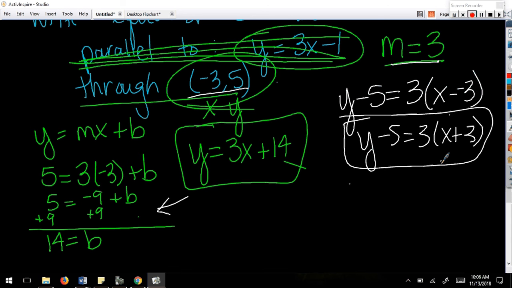Okay? Or perpendicular. So let's do a perpendicular.